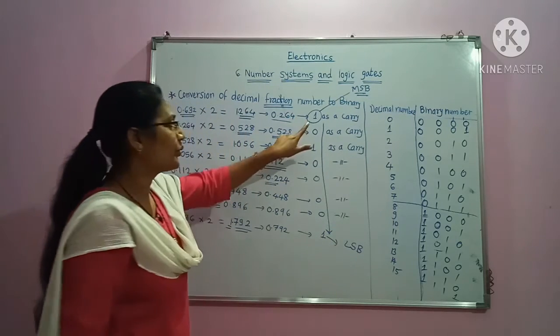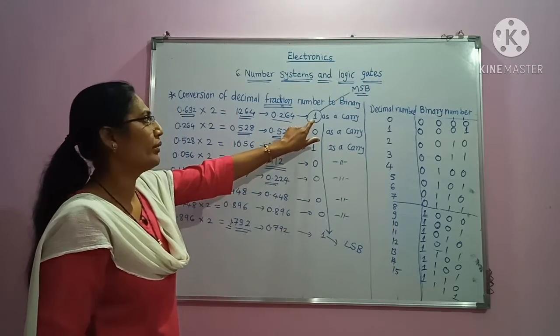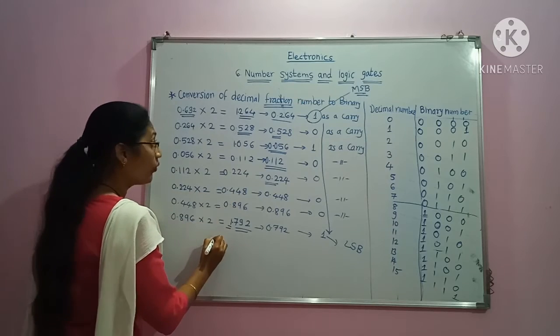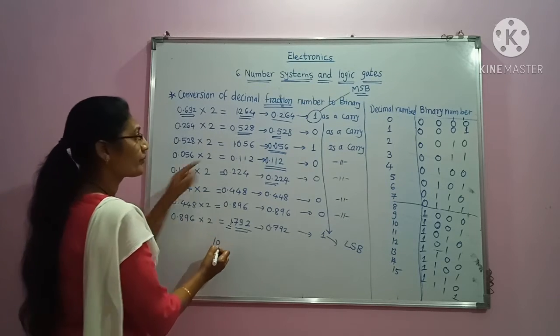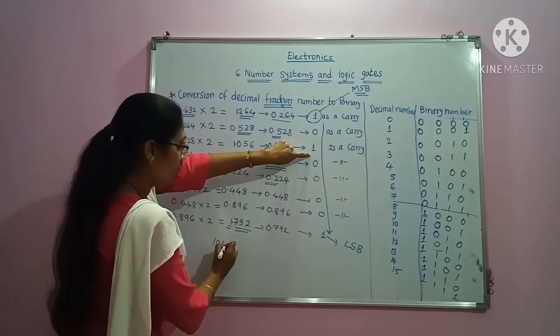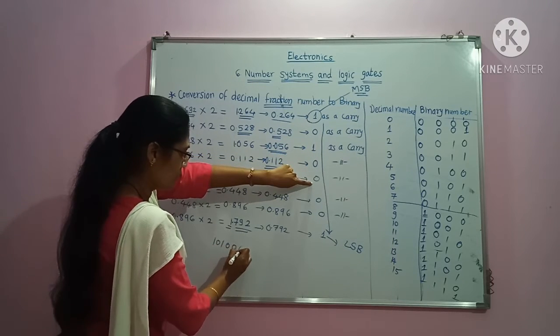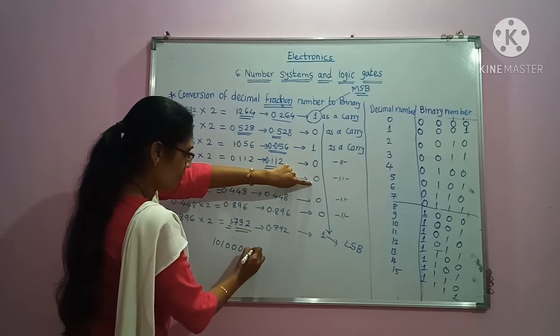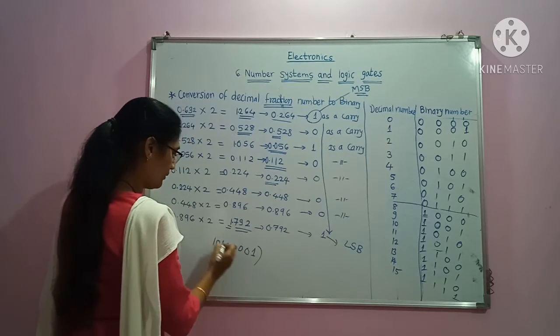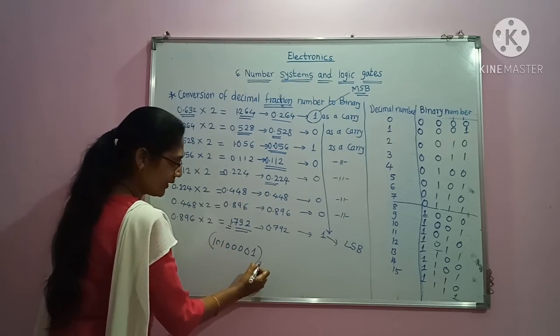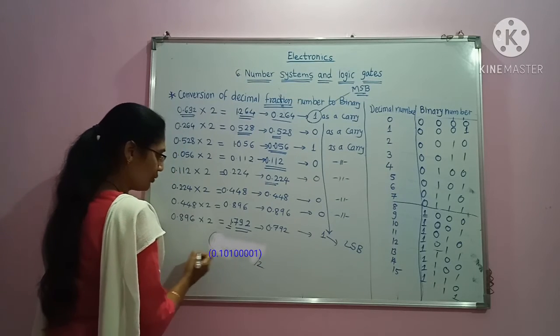Meaning I have to start writing the binary number as 1, 0, 1, 0, 0, 0, 0, 1. Binary, hence I have to write here 2.